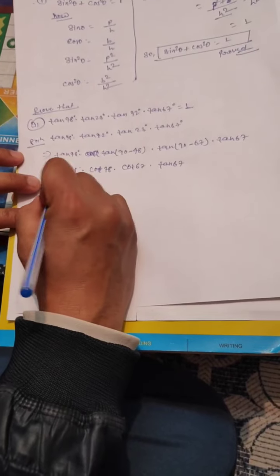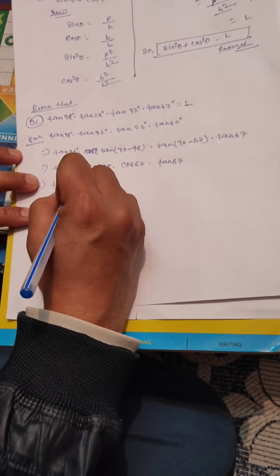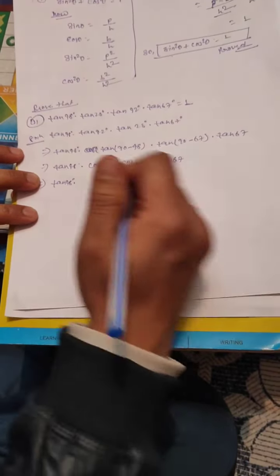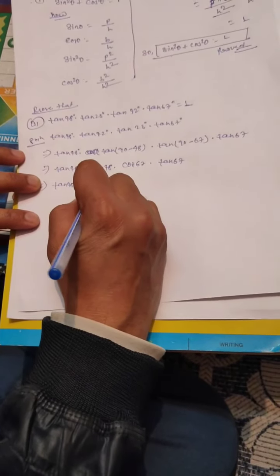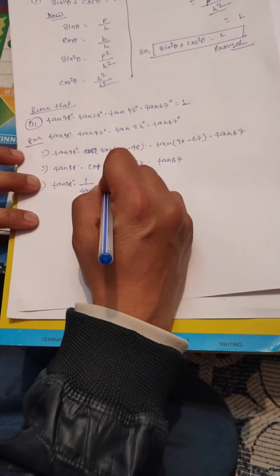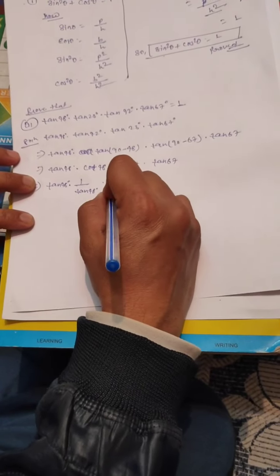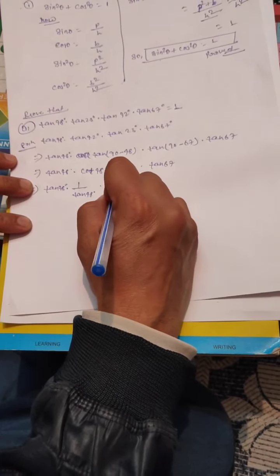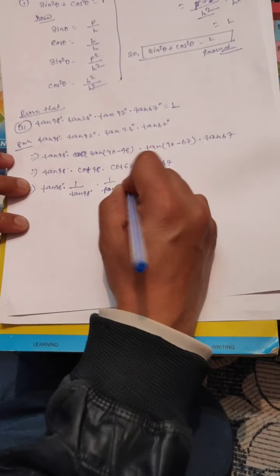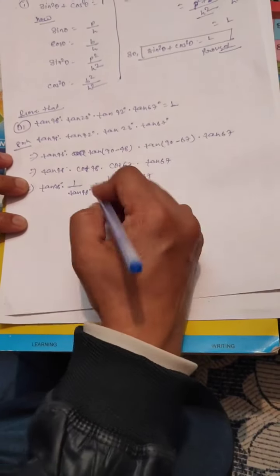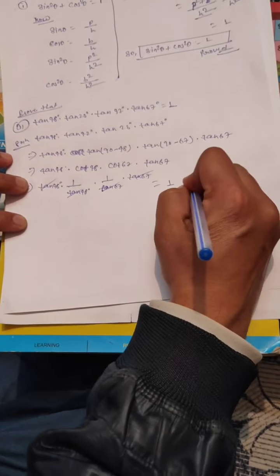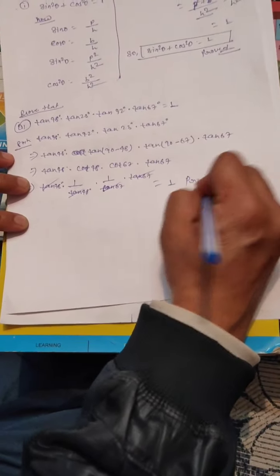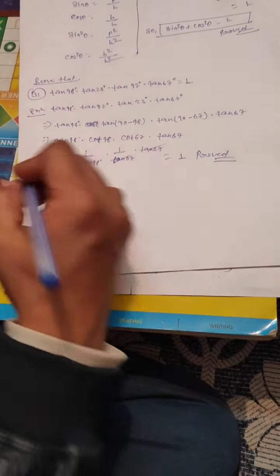As we know that tan 48 degree into cot 48 is written as 1 by tan 48 degree, into 1 by tan 67 degree into tan 67. This cancels and equals 1. Proved.